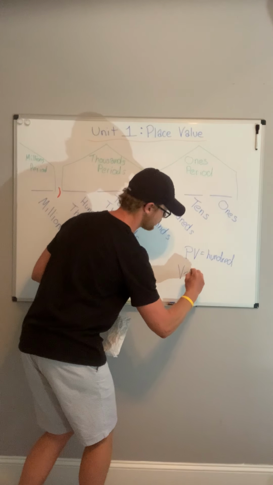So my place value chart, I'm going to have my ones place, my tens place, my hundreds place. I'm going to use TH for thousands place.